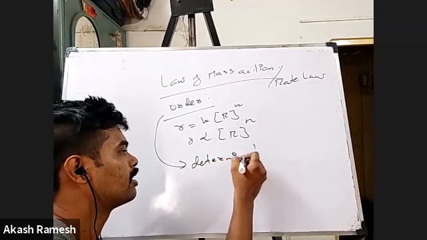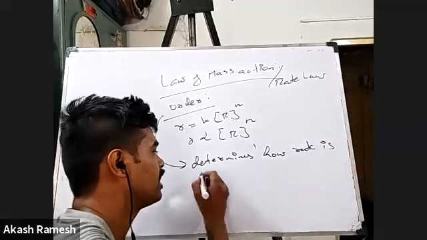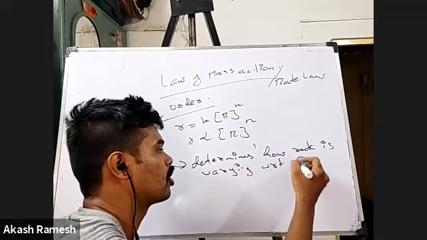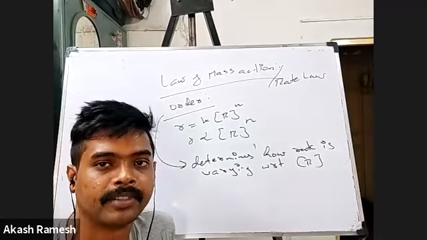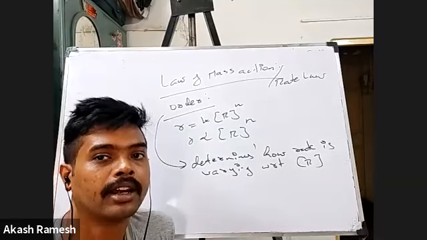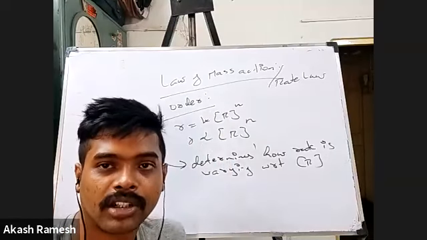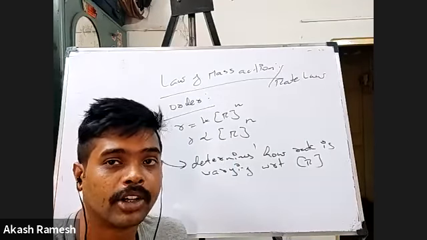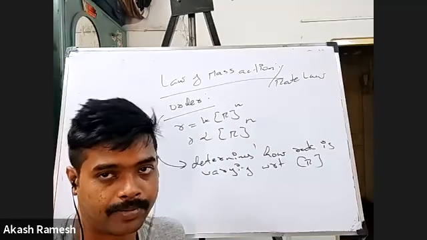The order determines how the rate is varying with respect to the concentration of reactant. If I change the concentration of reactant, how the rate will vary is determined by the order of the chemical reaction.